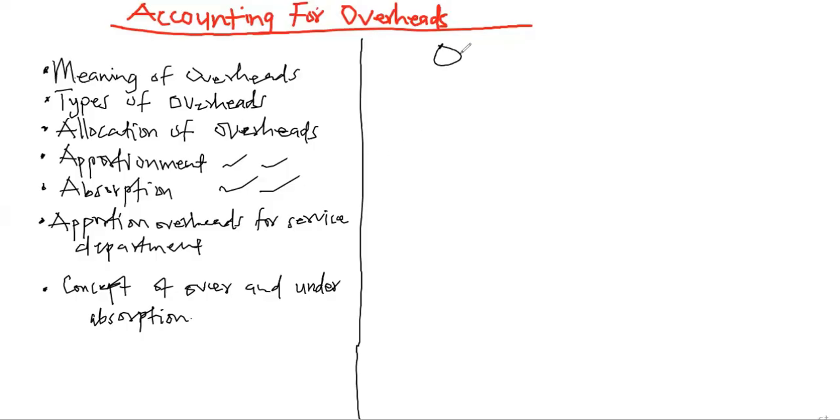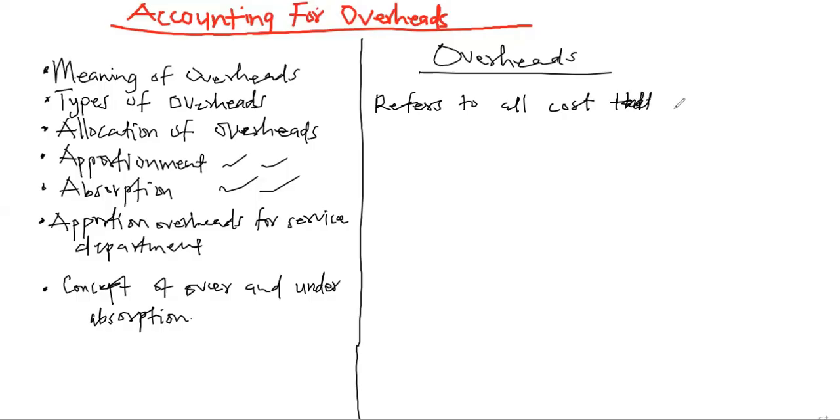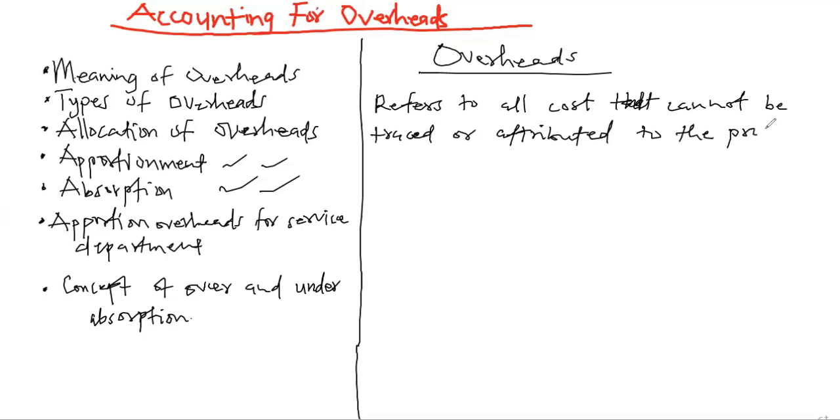So when we say overheads, it refers to all costs that cannot be traced or attributed to the production of goods and services or any cost center.